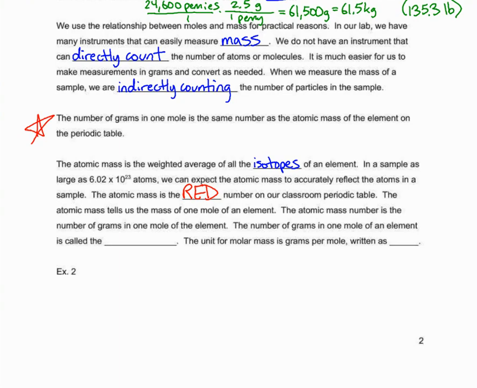The number of grams in 1 mole of an element is called the molar mass. The unit for the molar mass is grams per mole. And we typically abbreviate this G/MOL, grams per mole.